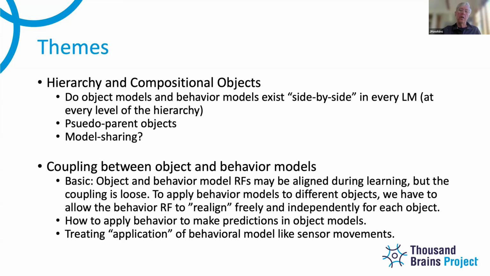So that's a possibility. And then the third purpose could be to assign behaviors to locations on a parent object, like knowing that at some location on the stapler there is the hinge behavior. So the behavior ID becomes a feature on the parent object model.